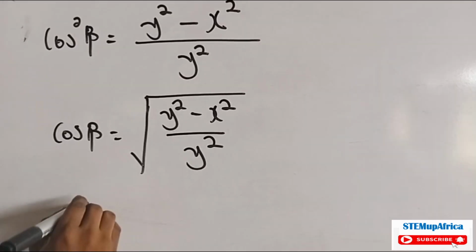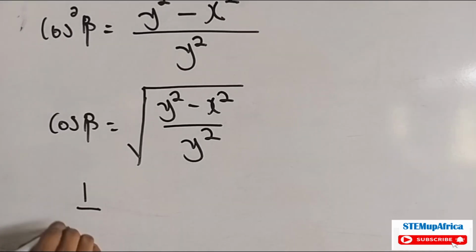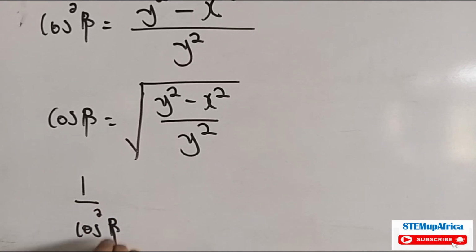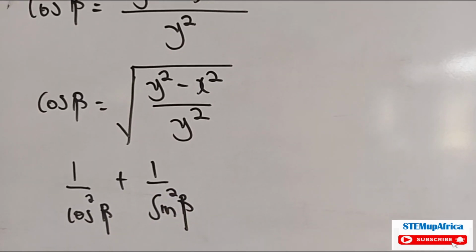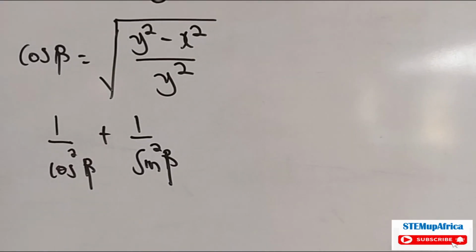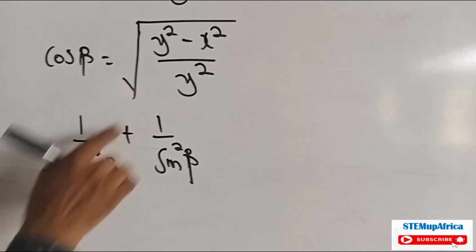The expression says we should find 1 over cos square beta plus 1 over sine square beta. So let's substitute them in their respective places. In place of cos beta, I will put this.